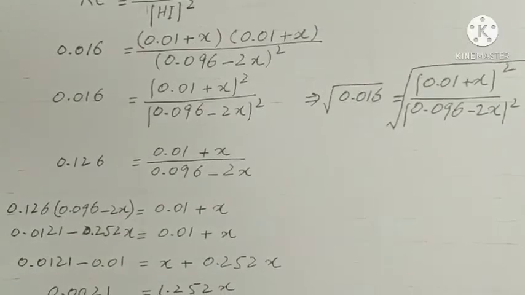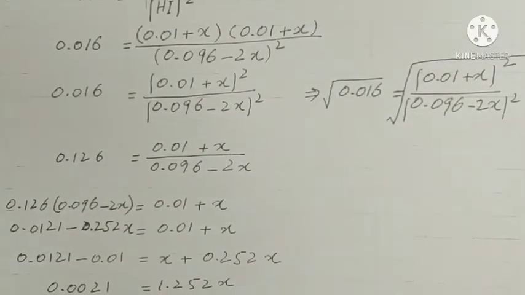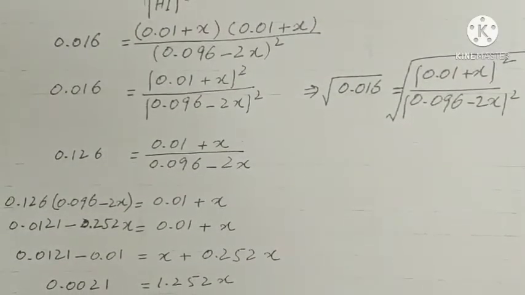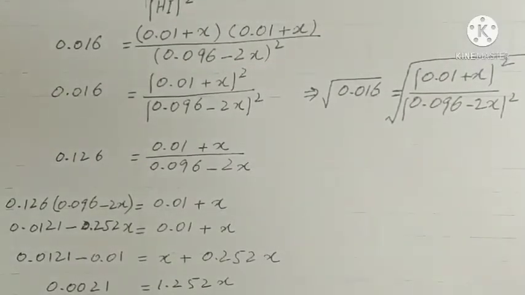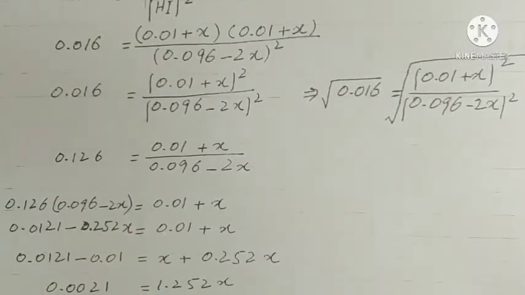Take 0.096 minus 2x to the other side. It will multiply with 0.126, so 0.126 into (0.096 minus 2x) equals 0.01 plus x. Multiplying 0.126 with 0.096, the answer is 0.0121 minus 0.252x equals 0.01 plus x.